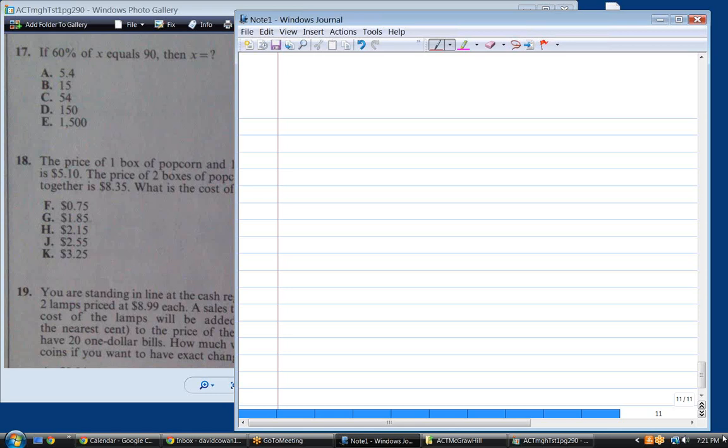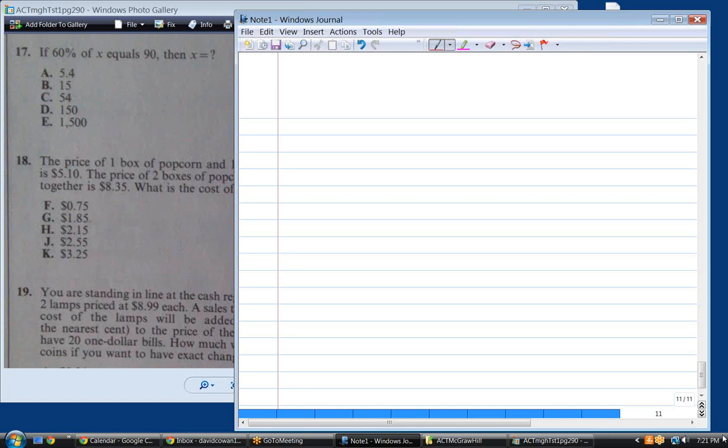Two ways to do this problem. Set it up algebraically, which is the way I would do it, I think, but maybe not. It's actually easier to back solve. First of all, what does "of" mean?